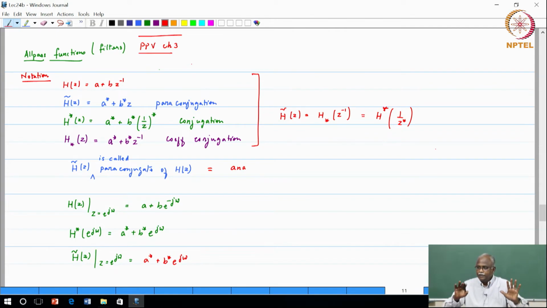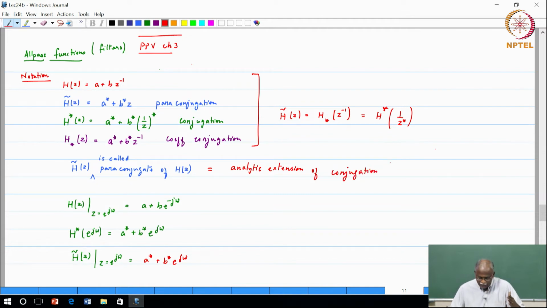The Z plane has a unit circle, conjugation is defined on the unit circle, and everywhere else you have to define an analytic extension of conjugation, which is what this is.